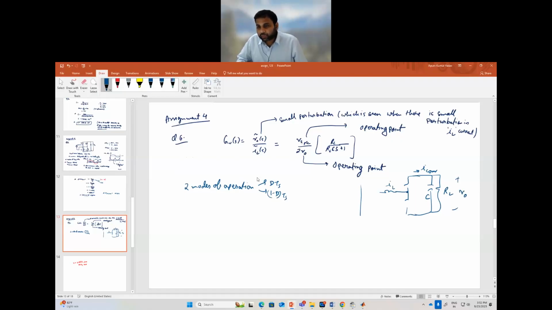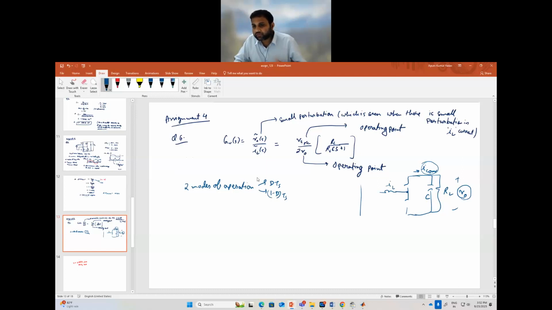What I am trying to do is see how my V naught varies whenever there is a change in the I converter value. Because the voltage across a capacitor cannot change suddenly. It will respond to the change in the current through it with some delay, and that's why there is a dynamics corresponding to this. So now here, if you see, it is a continuous I converter current which is going over there.